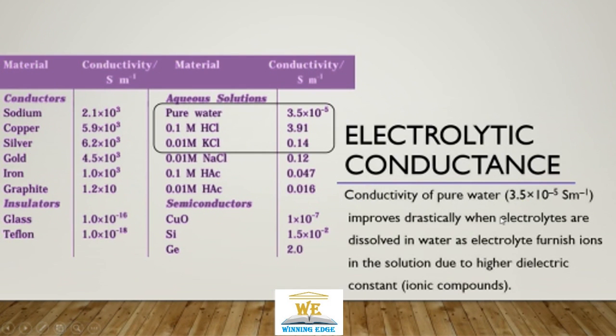So we see the conductivity of pure water improves drastically when we add electrolytes to it, because electrolytes ionize and act as charge carriers. That's why these solutions are conductive.